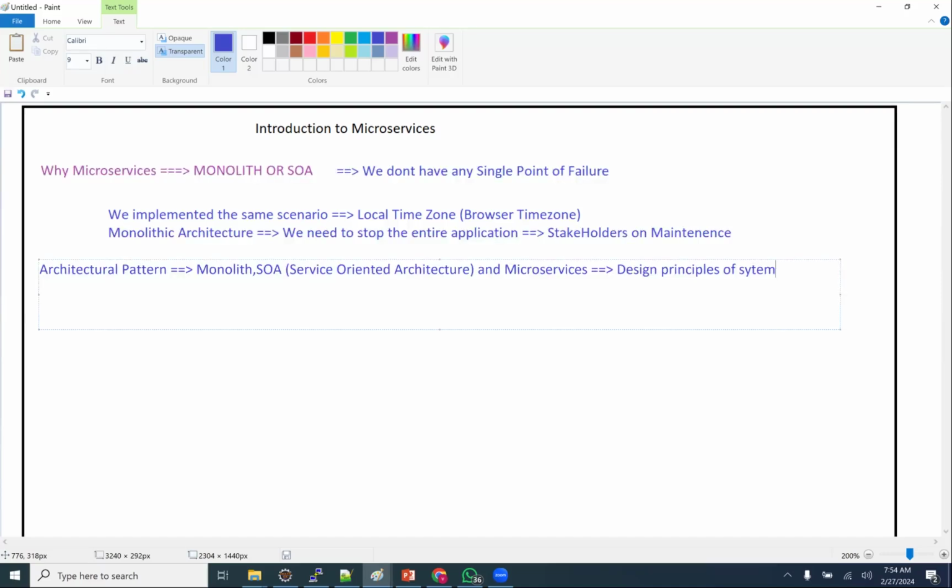We are going to learn design principles. What do you mean by design principle? I'll take a small example from the day-to-day world first, then I'll come to the software and technology point. If I want to construct a home, I should have some design principles. What is my plot size?